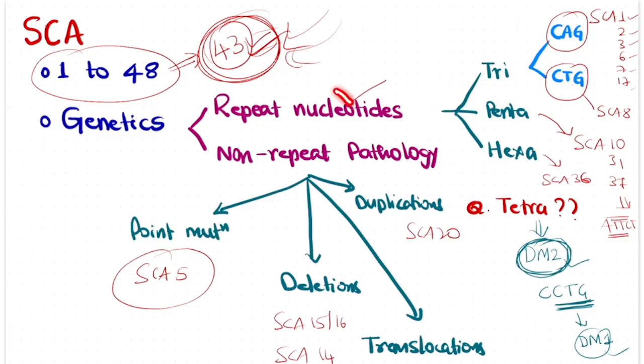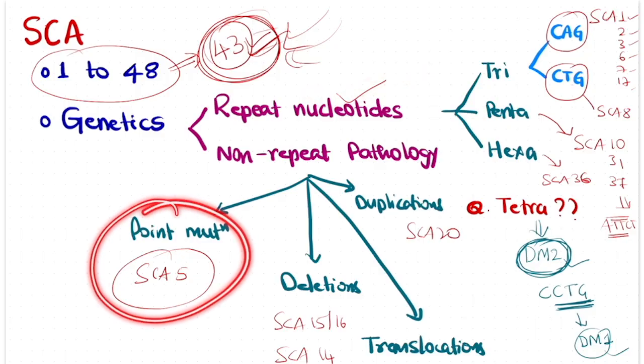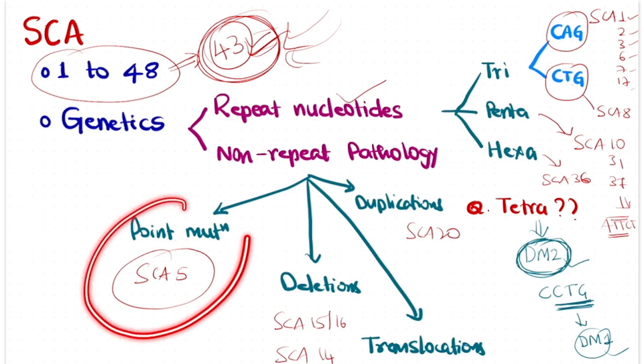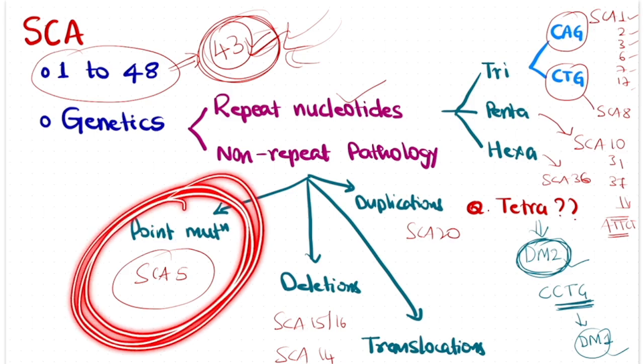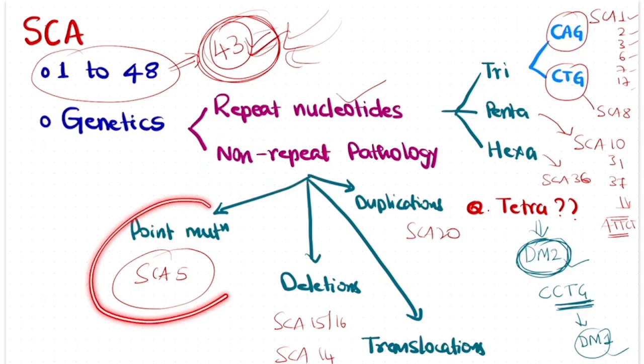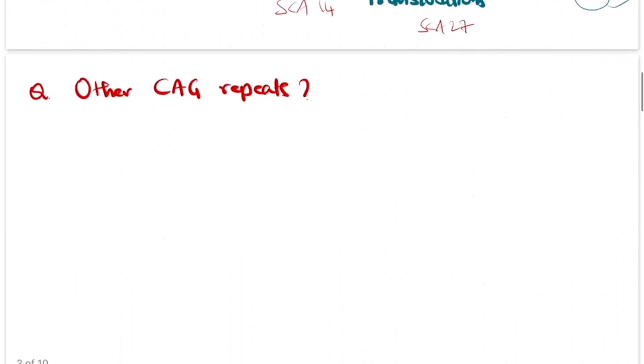That phenomenon of anticipation is seen with all these repeat nucleotide pathologies. One exception is SCA5. This is the only condition with a point mutation or non-repeat nucleotide pathology which has the phenomenon of anticipation. I hope this is clear.